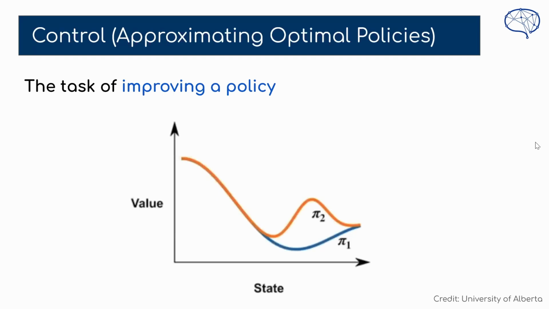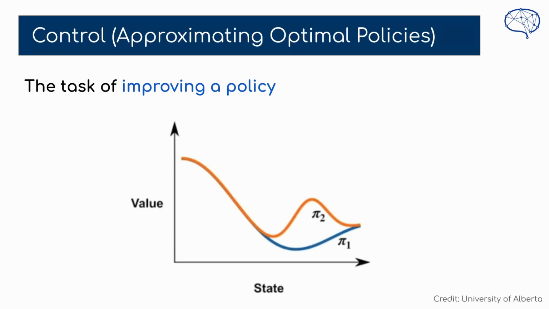So the reason why we're doing this is our policy might be bad at first. If you're in every single state, you don't really want to just randomly choose an action every single time. So we want to do this idea of control, which is approximating an optimal policy. And through this, we want to be able to improve our policies.